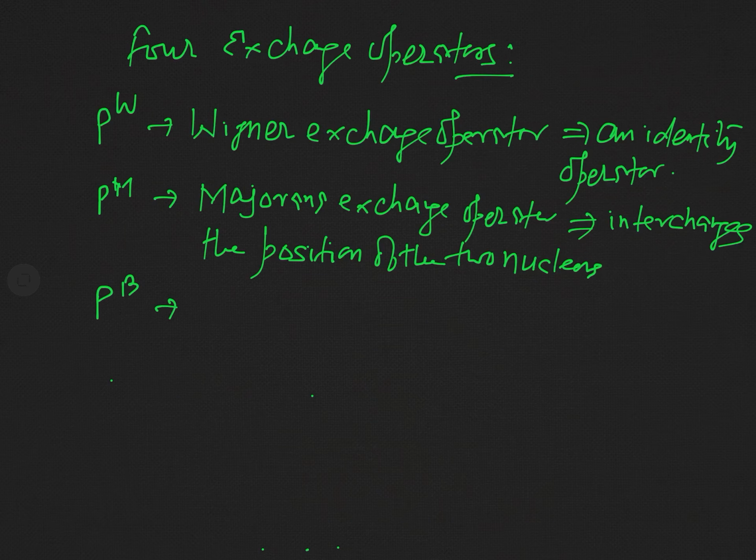Now, the third operator is denoted by the symbol PB. You can understand this B is for the word Bartlett. So this is known as the Bartlett exchange operator. In case of Bartlett exchange force, there is an exchange of spin coordinates or spin directions.